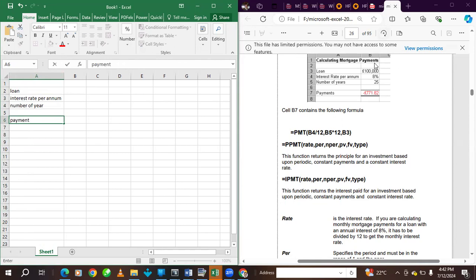Since you have worked in the accounts department, you will understand these formulas very fast. The payment here, right at the top, is calculating the mortgage payment.